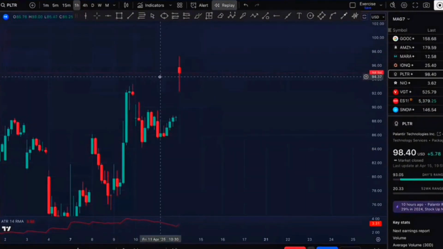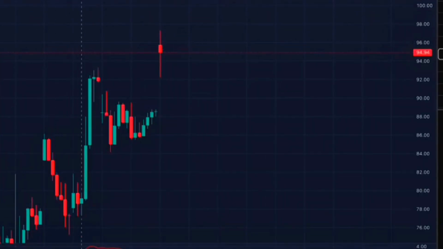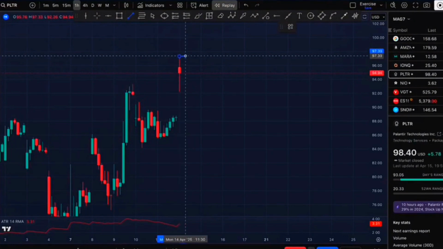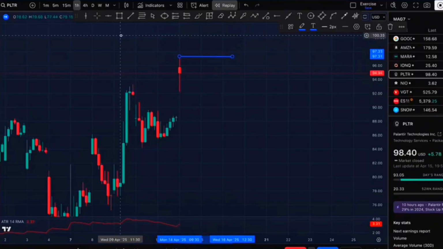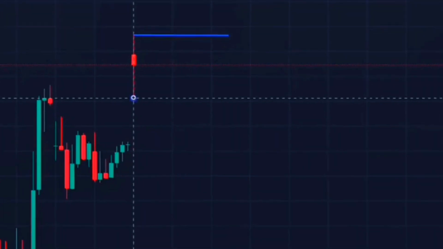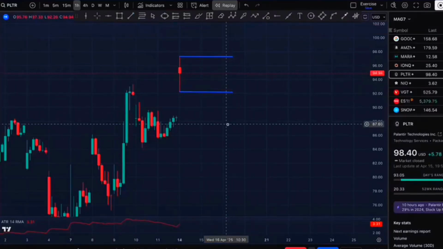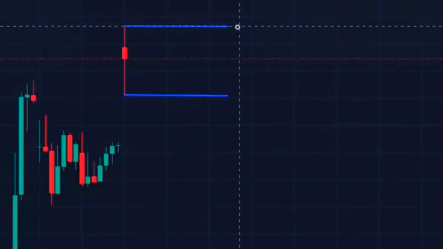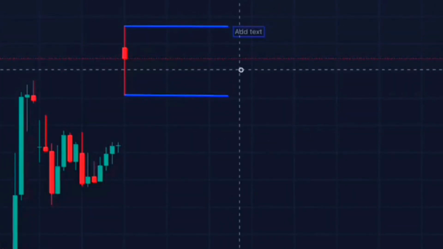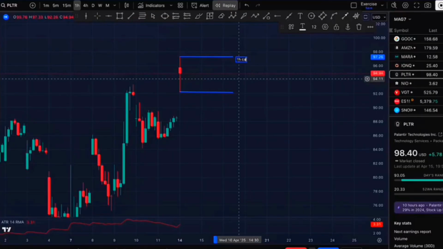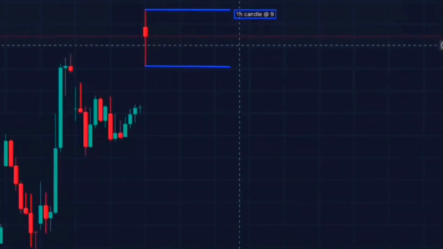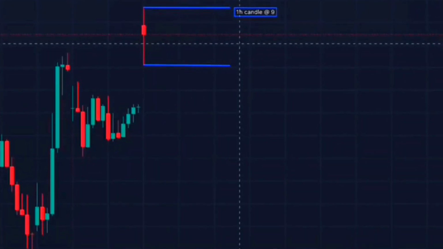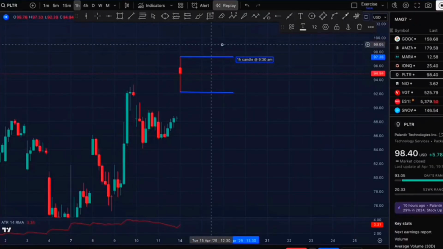So now, the first step, what we have to do is to mark the high here, meaning the candle range high, okay, and the candle range low, okay. And let us specify this. Let's put a letter here. This one is gonna be 1 hour candle at 9:30, right? At 9:30 a.m. Okay.